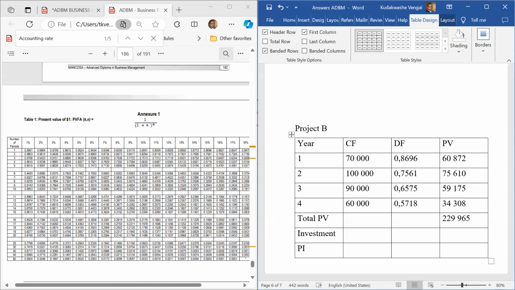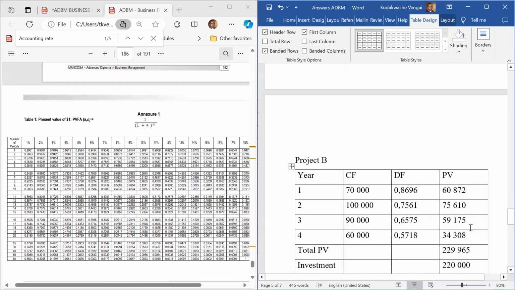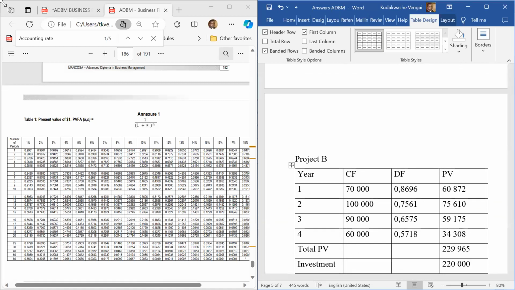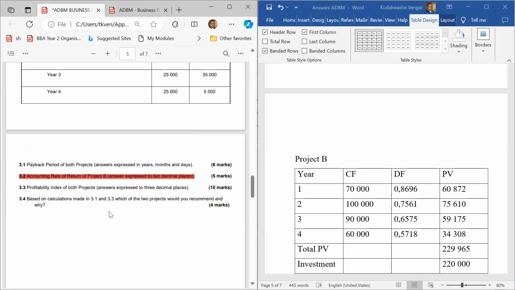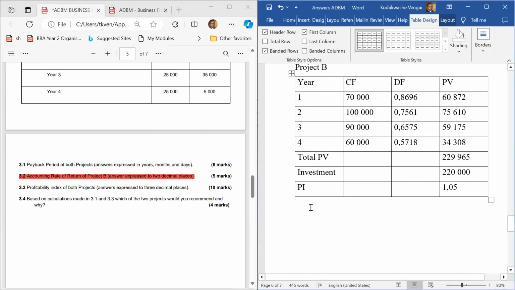You divide that by the initial investment of 220,123, and then you get your final answer of 1.05. That's my profitability index there, 1.05, right? So we're done with profitability index. I don't know if anyone got lost there. Then we go to 3.4.